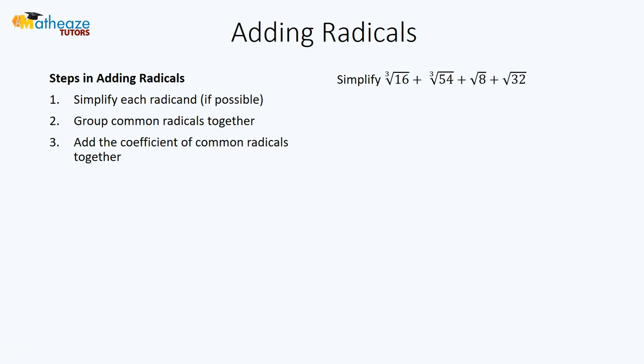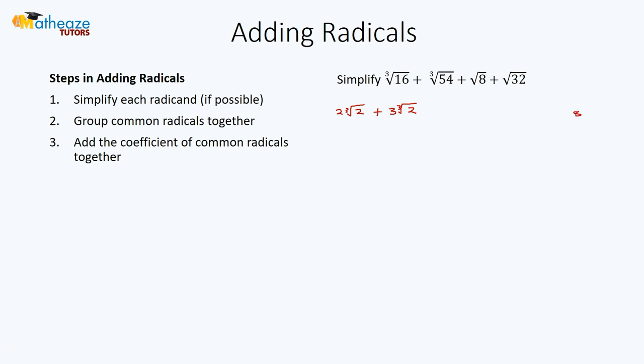Now, finally, we're going to bring this all together. So let's look at 16. From the previous video, we can see that 16 is 2 cube root of 2, and 54 is 3 cube root of 2.